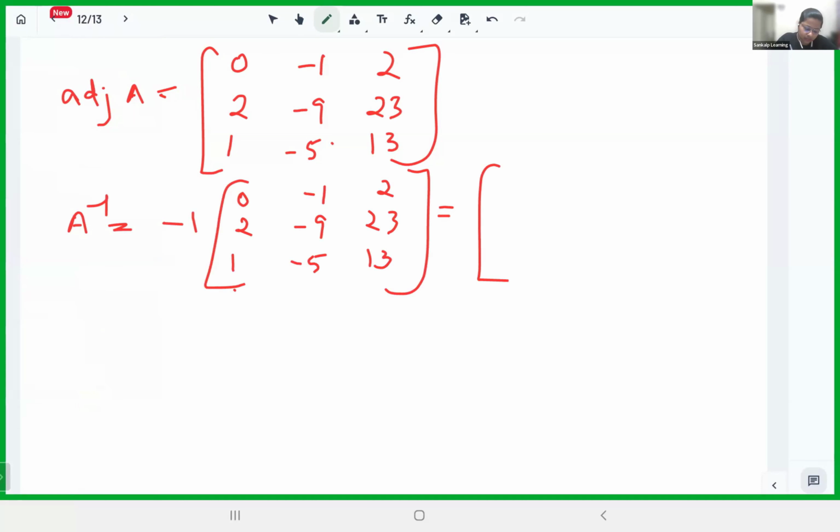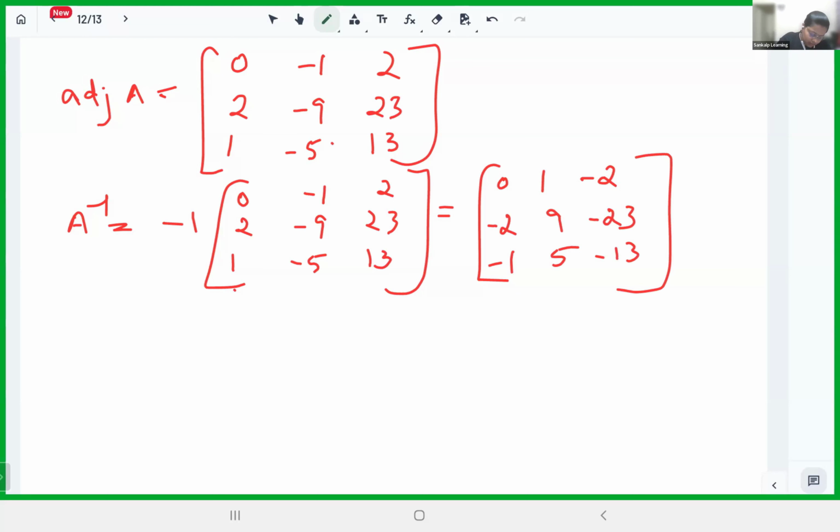Minus 1 into 0 is 0. Minus 1 into minus 1 is 1. Minus 1 into 2 is minus 2. Then minus 1 into 2 is minus 2. Then minus 1 into minus 9 is 9. Then this is minus 23. This will become minus 1. This will become 5 and this is minus 30. So this is the inverse of our matrix.